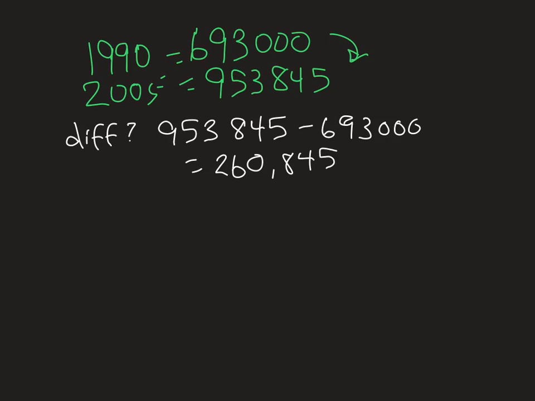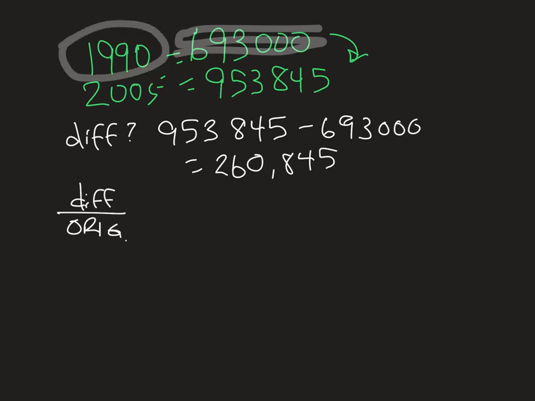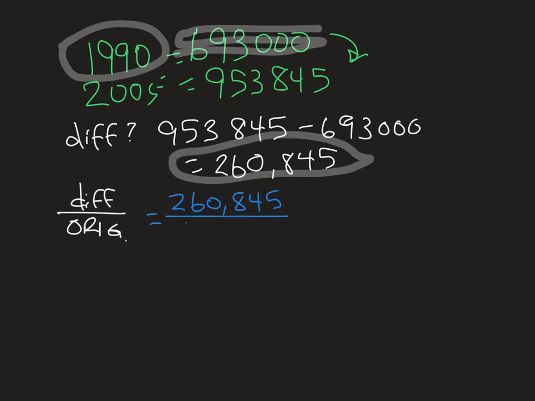And then in order to get that percentage, we have to do the difference over what? The original. Okay, so the original, remember, is this guy, because that's where it starts, and then we need the difference. Okay, so the difference is 260,845, and we're going to divide that by our original amount.